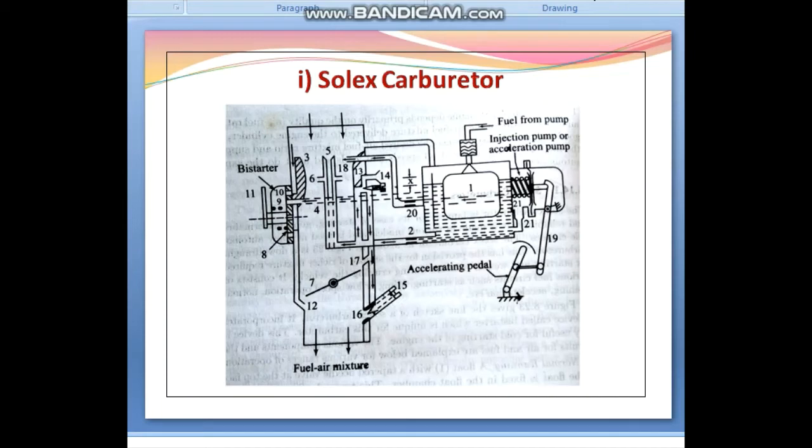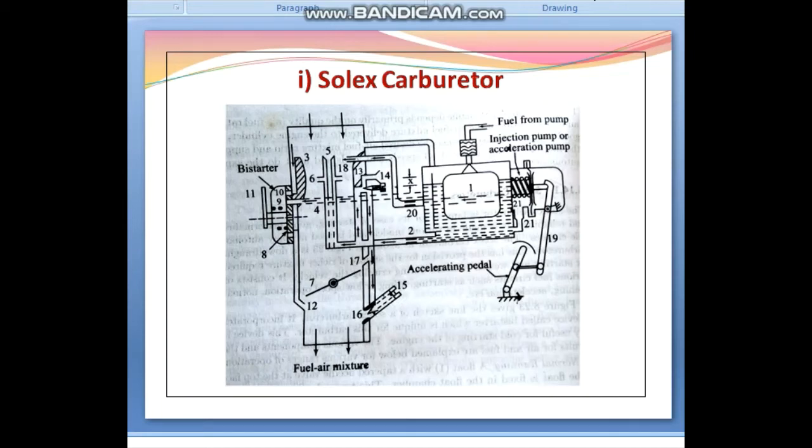Gasoline is inducted from the jet, that is number 9, and air from the jet, that is number 10. The jets and the passages are so shaped that the mixture provided by the carburetor is rich enough for starting.